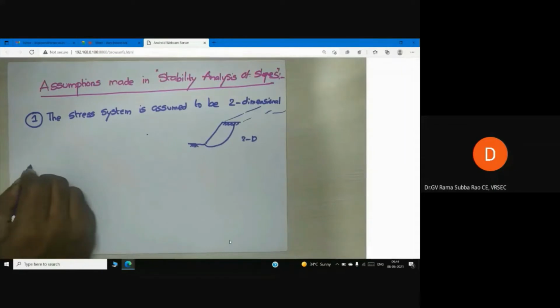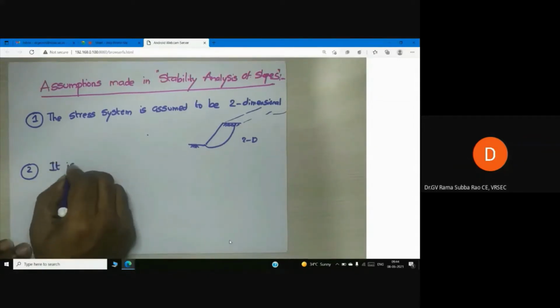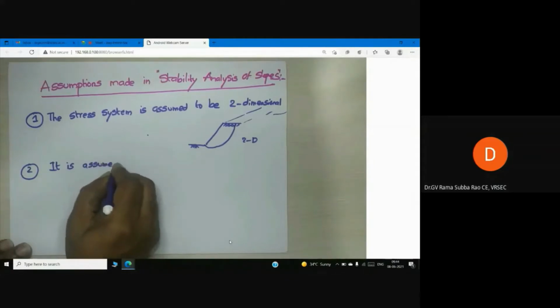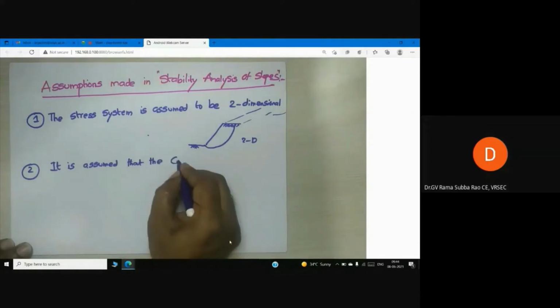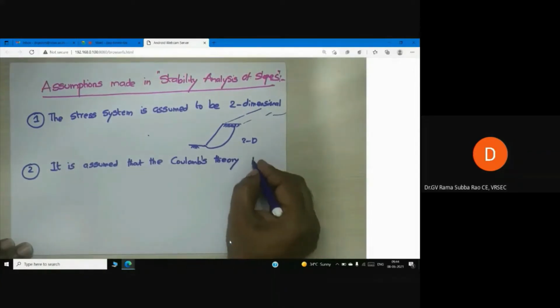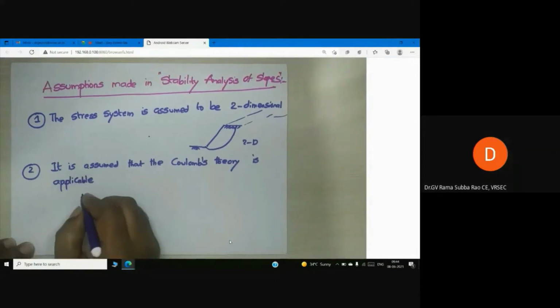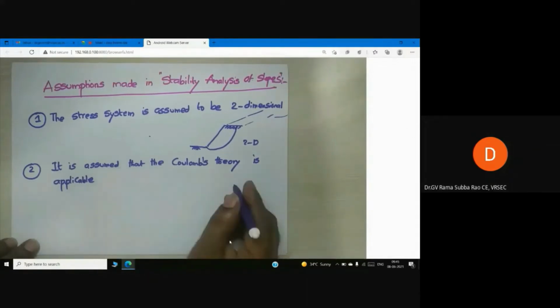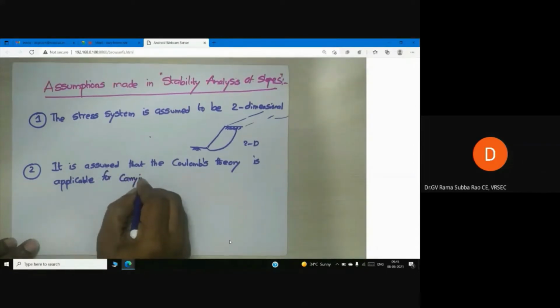Second assumption we are making here: it is assumed that Coulomb's theory is applicable for carrying out slope stability analysis.